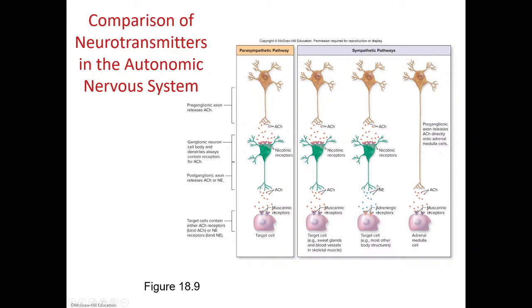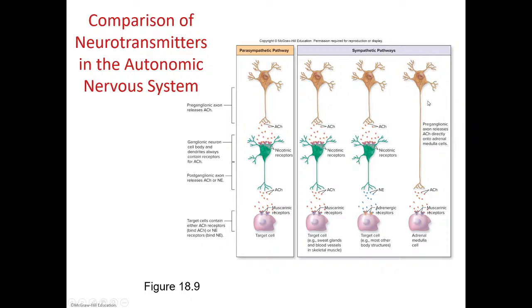All right. And so norepinephrine is only released by the sympathetic system at some, actually most, of its postganglionic neurons. All right. Now the target here will be also muscarinic receptors or adrenergic receptors for the norepinephrine.